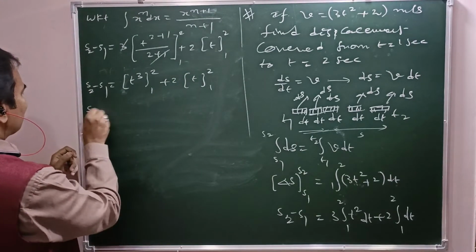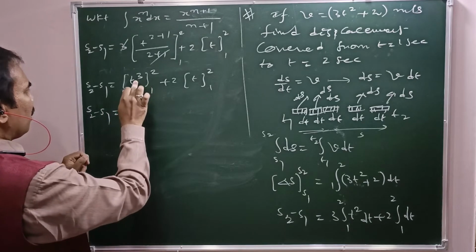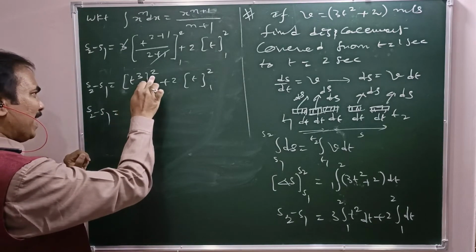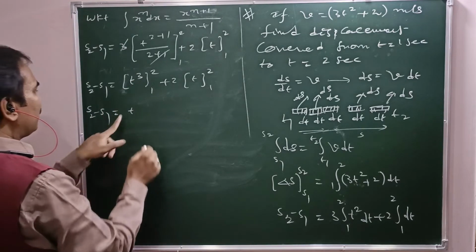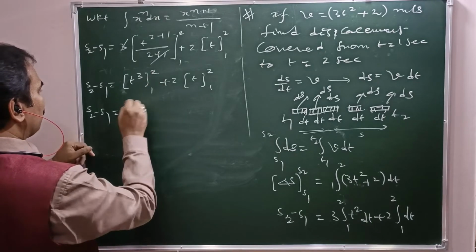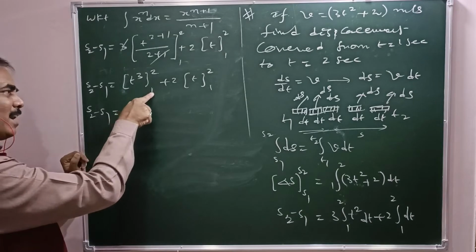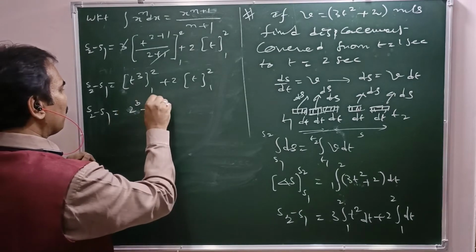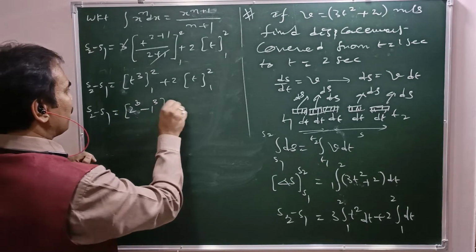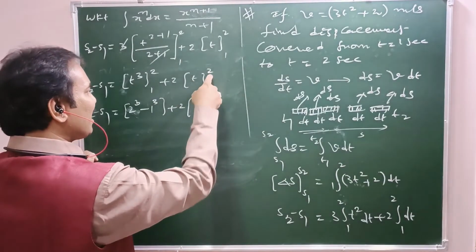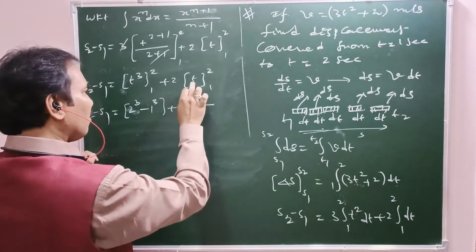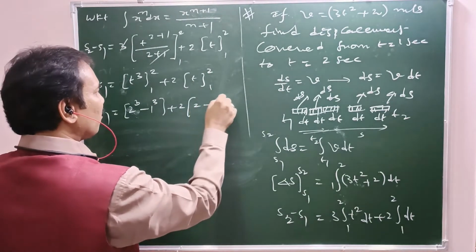That is S2 minus S1 equal to: replace t by writing the upper limit first, that is 2 cube, minus, this time replacing t by the lower limit, that is 1 cube, plus 2 into 2 minus 1.